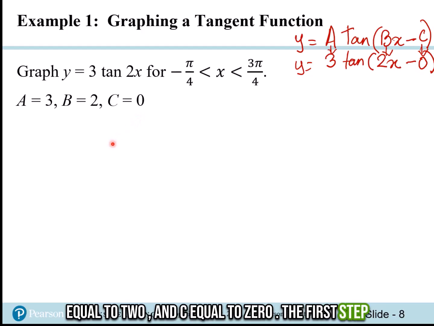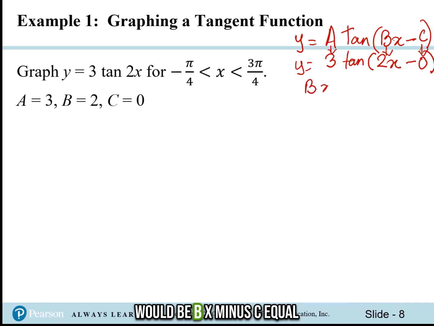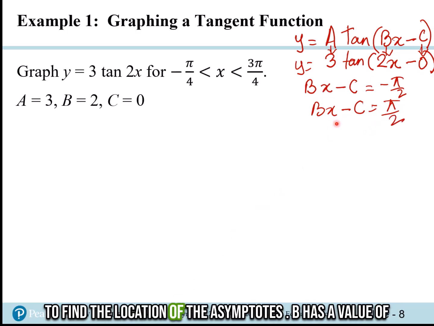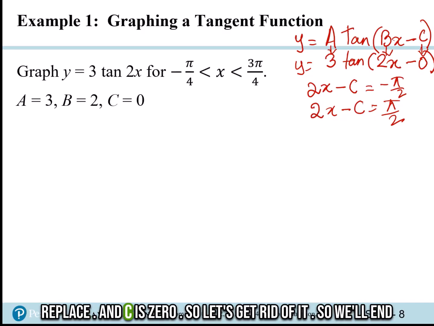The first step is to identify the asymptotes using the equations, which would be bx minus c equal to negative pi over 2 and bx minus c equals positive pi over 2. We have to solve for x to find the location of the asymptotes. B has a value of 2, so let's replace b with 2, and c is 0, so let's get rid of it.